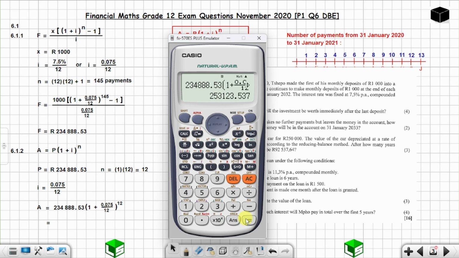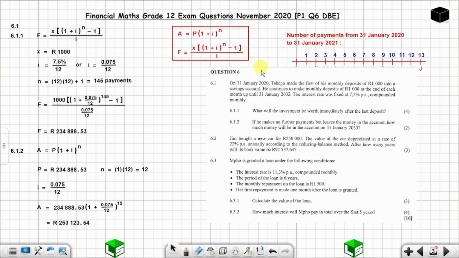This is equal to 253,123.54 cents. So this is what you have after 1 year, from this date to this date.